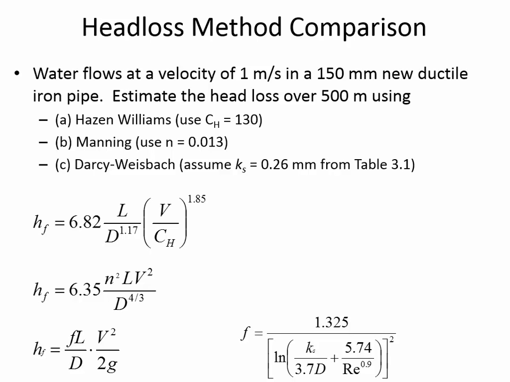So with the substitution, 6.35 times 0.013 squared times 500 meters, 1 meter per second squared, divided by the diameter 0.150 meters to the 4/3 power.